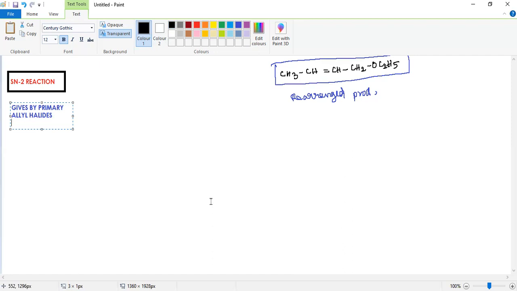Okay. And what should the nucleophile be? There it was a neutral nucleophile, but here it should be a charged nucleophile. Charged nucleophile means whether it is a strong or weak nucleophile.